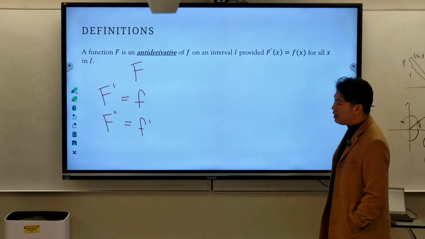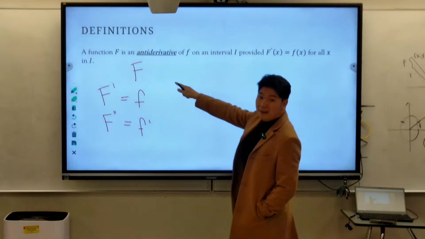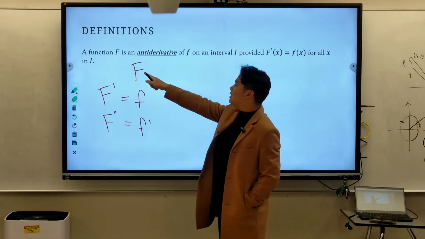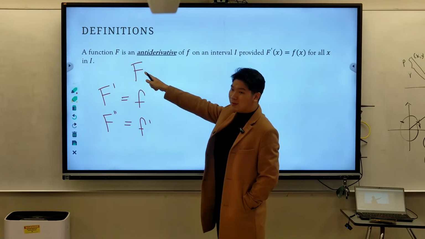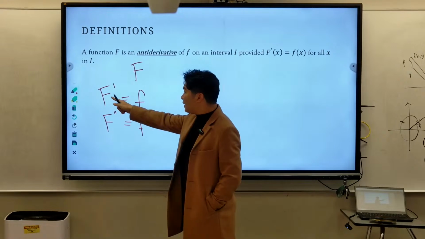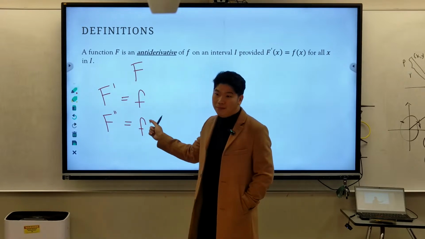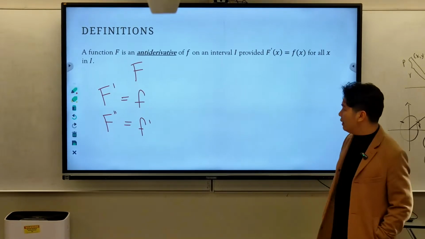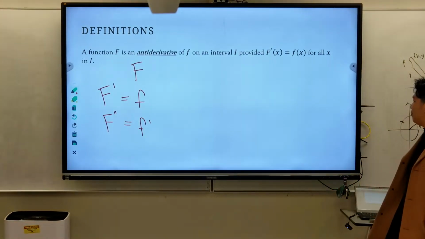Yes, quite literally equal. If big F is the antiderivative of little f, that means if I take the derivative of this, I get little f. And then I can take the derivative again, I get f double prime. So yes, very literally equal in this case.